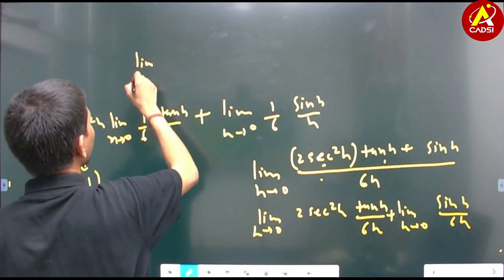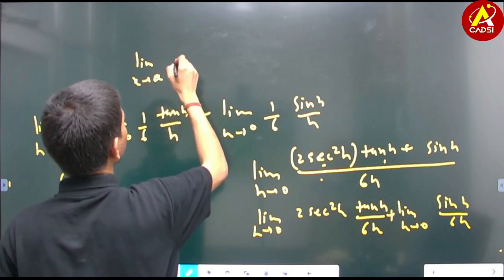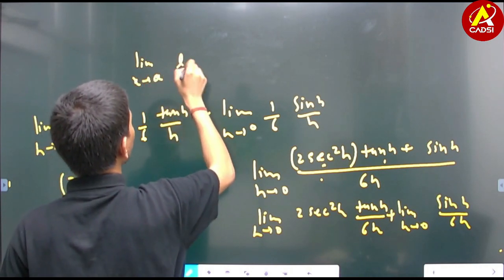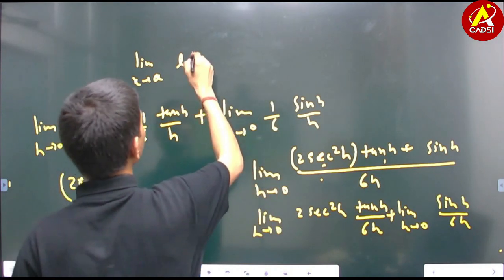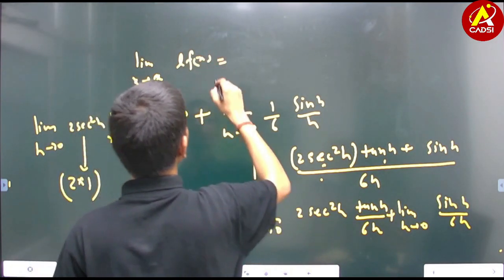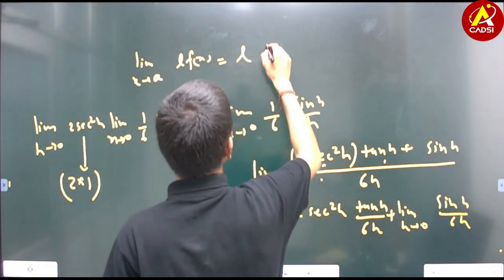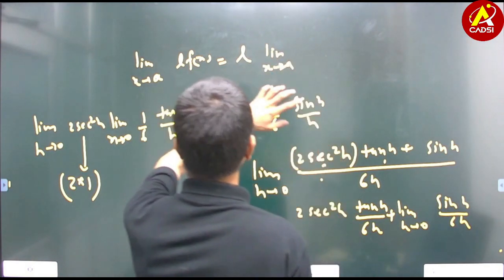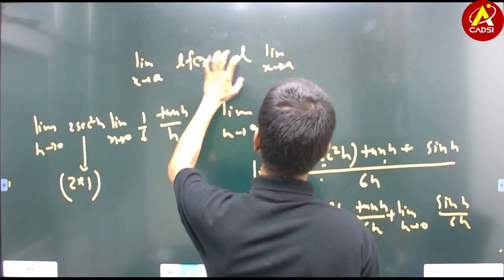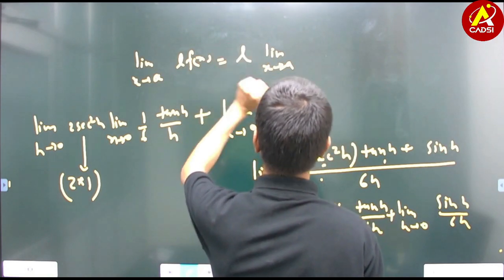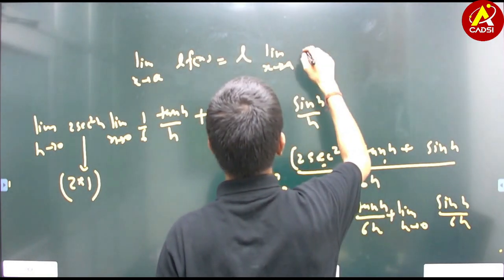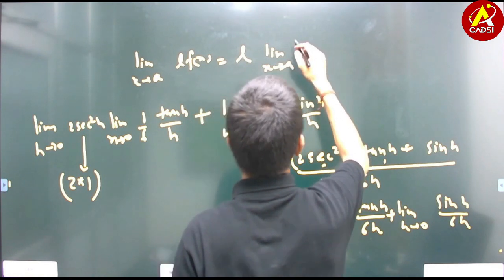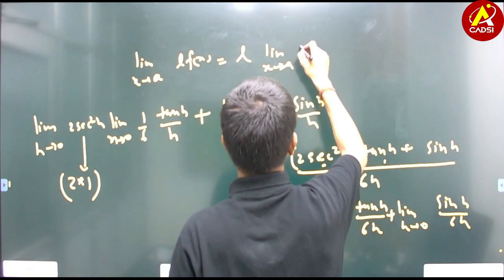Because L is a constant, we can separate the value of the constant from the function of a limit. So L times the limit x tending to a of f of x.